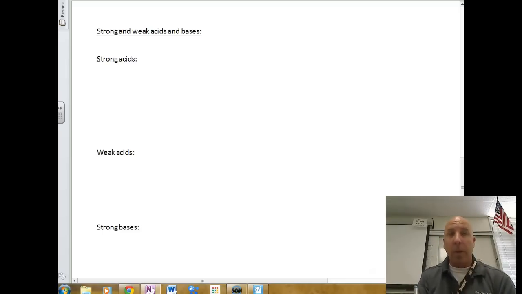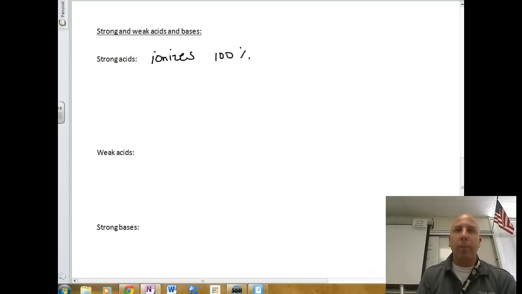A strong acid is going to be an acid that ionizes, we say, 100% of the way, or completely ionizes. And what this means is, let's say we have an example of a 1 molar HBr aqueous solution.